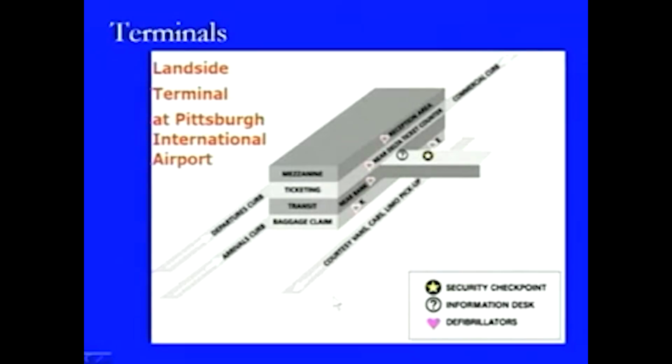Now, we will look at the landside terminal, which is provided at the same airport. Here we can see that the arrival curbs and the departure curbs are located separately, so that persons who are coming to the airport or going out of the airport can use different lanes and move.